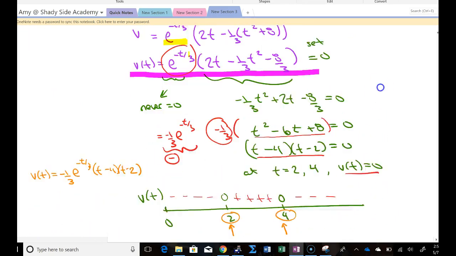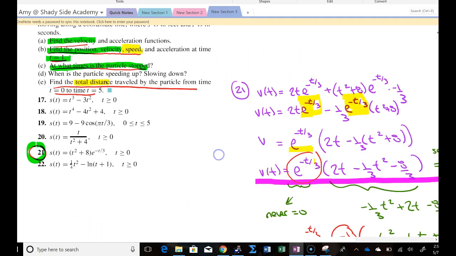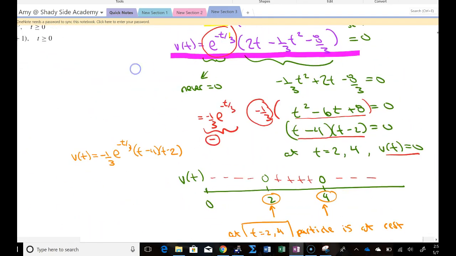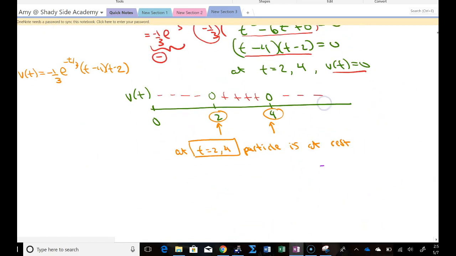The question here asks us to find the velocity and position at time t equals 1. Well, let's do that right now. At time t equals 1, that means v of 1 equals, I'm just going to use the velocity function right here, negative 1/3 e to the negative 1/3 times negative 3 times negative 1, or I get negative 1 e to the negative 1/3.